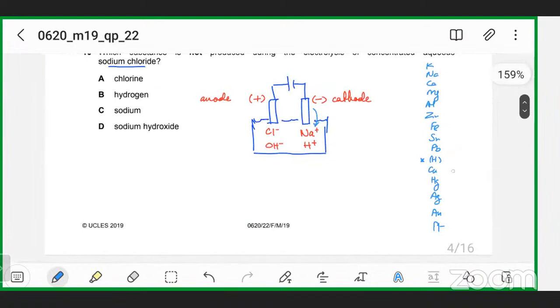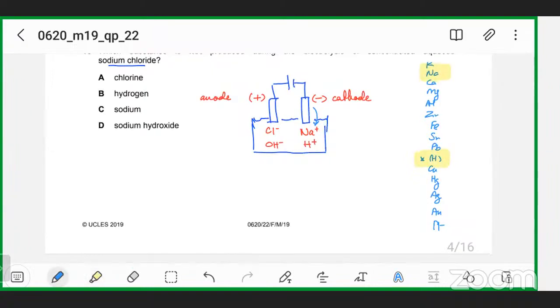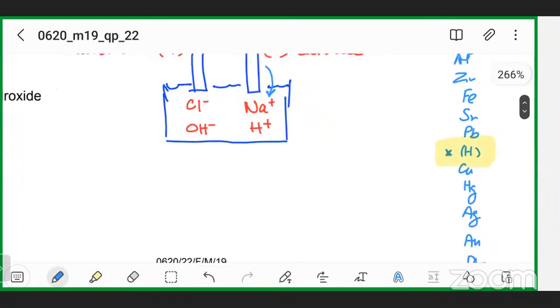So H is the one that's lower in reactivity. Na is right at the top, so that's not the one to gain electrons. It's diatomic, so 2H plus 1 will gain 2 electrons and form an H2 gas molecule. Is that clear?